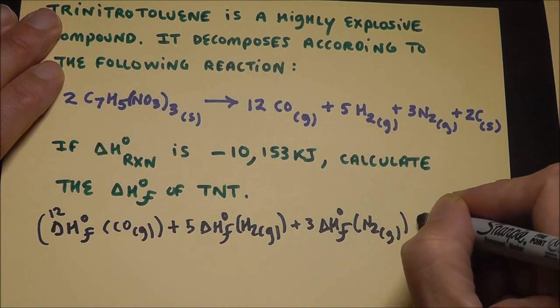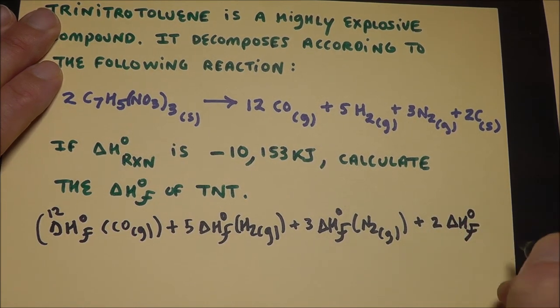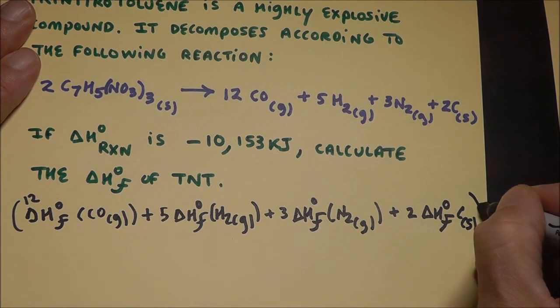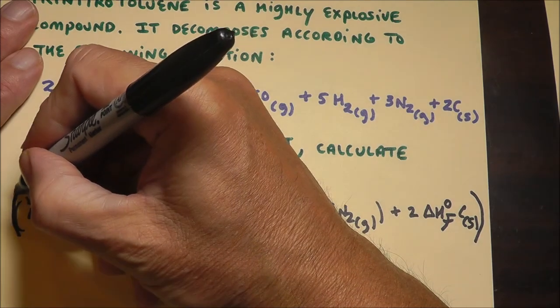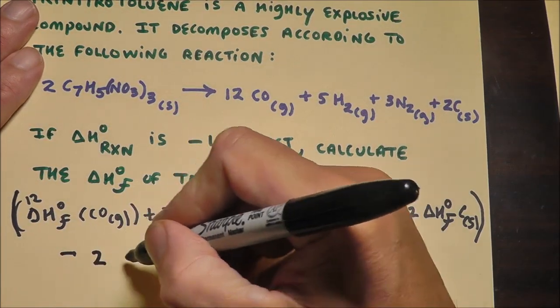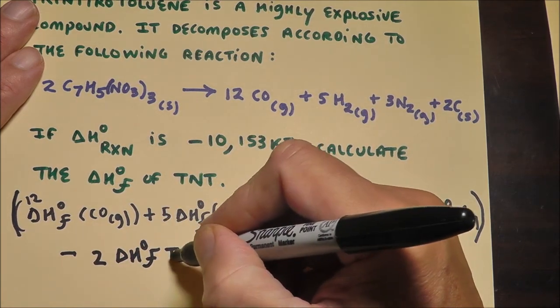This is a big long reaction. Plus 2 times the delta HF of carbon solid, big old parentheses, minus 2 times the delta HF, I'm just going to call it TNT.